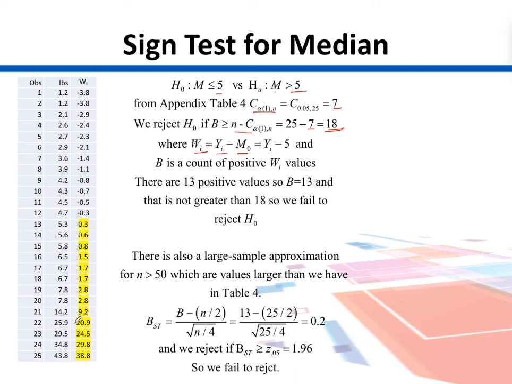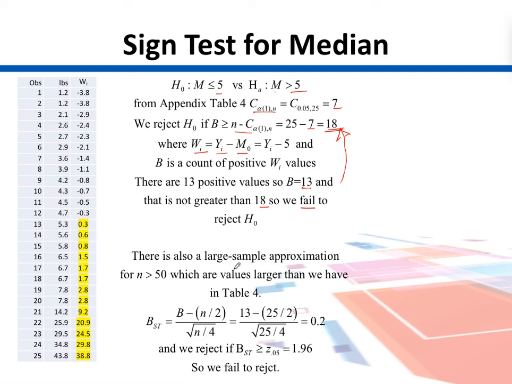Total numbers which are positive here are 13, so b is equal to 13. Now we compare this b with this number 18. As we said before, if b is greater than or equal to 18, we will reject the null hypothesis. Here it's not greater than 18, our number was 13, so we fail to reject the null hypothesis.